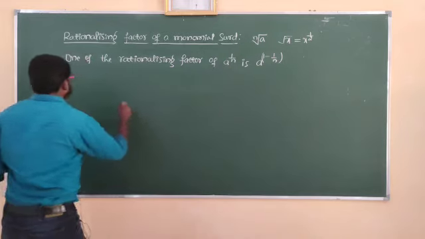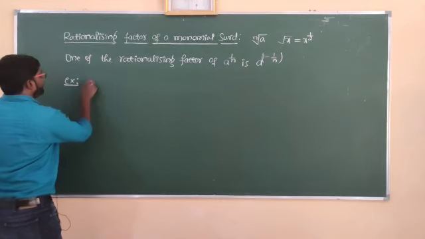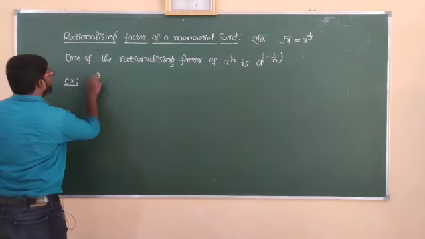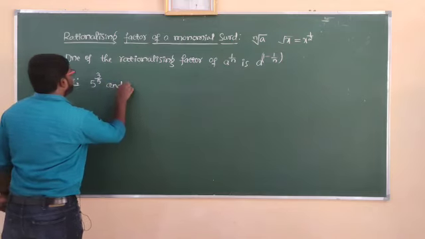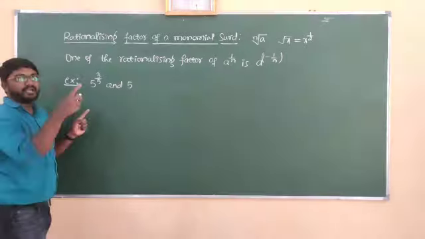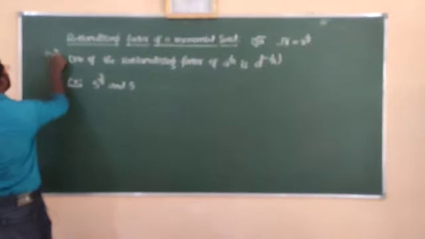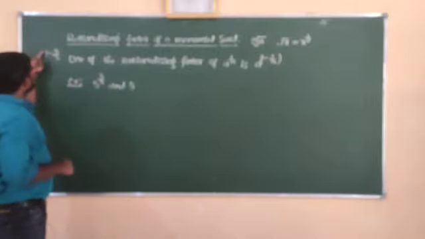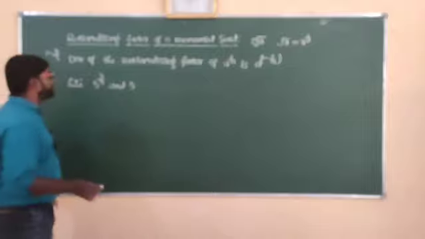Let me give an example. 5 to the power 3 by 5. What will be the rationalizing factor? 1 minus 3 by 5. 5 into 1 is 5, minus 3 is 2, so we get 2 by 5.